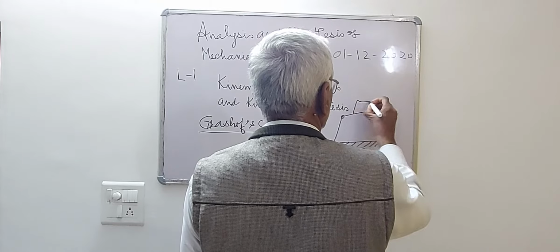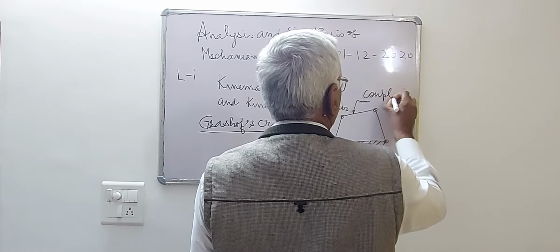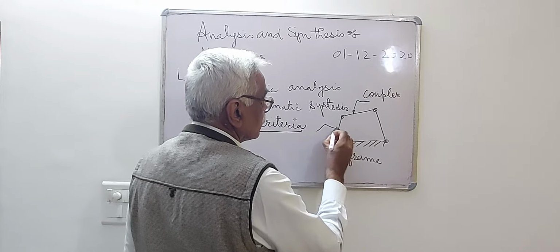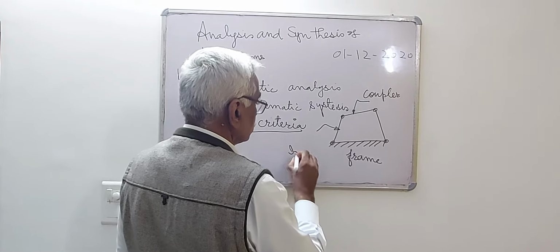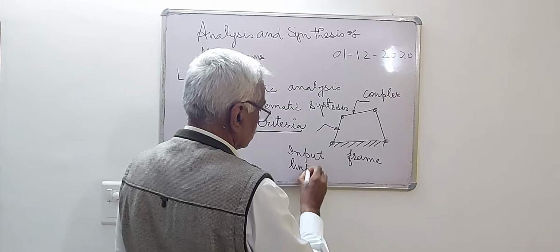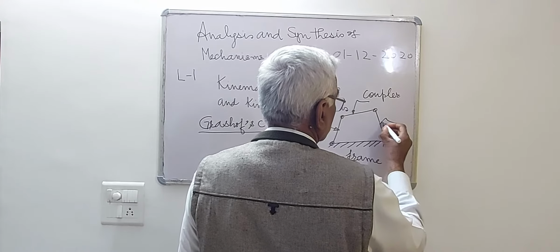This is known as the coupler. This is known as the input link, and this is the output link.